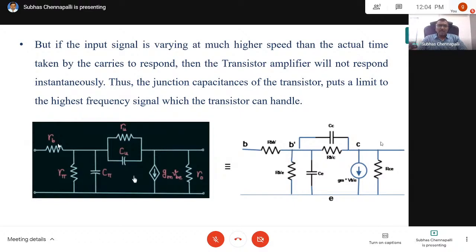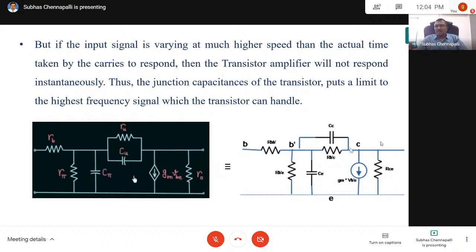This RB is taken as RBB dash because it is between B and B dash. Similarly, this is R pi, the resistance between B dash and E, and this I have now taken as CE.